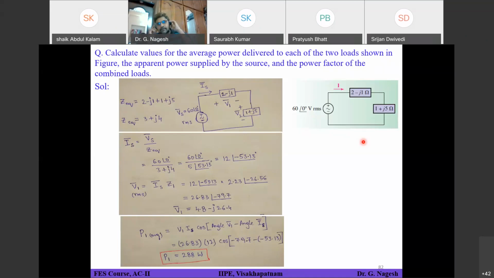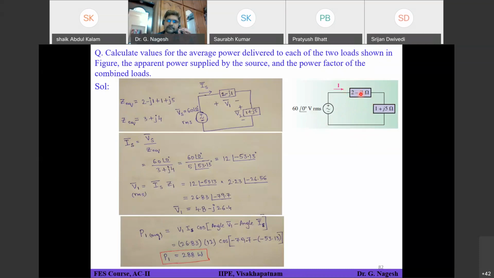What is the concept here is the basic formula I told: I effective whole square into R. Correct? So your I is coming from voltage divided by impedance. When you are doing the impedance, that means your current is actually this voltage divided by total impedance.